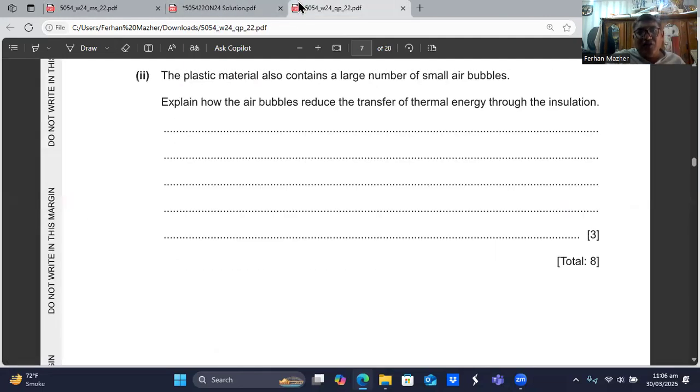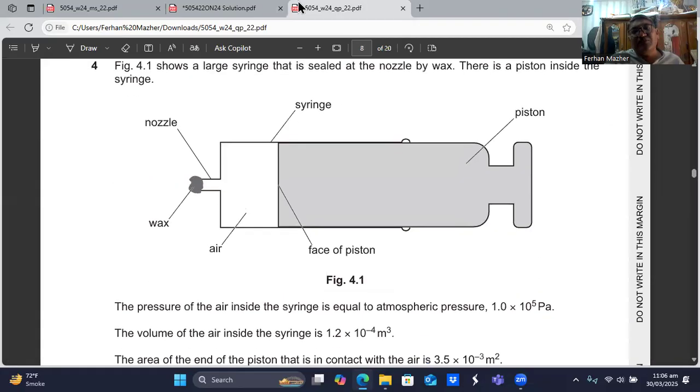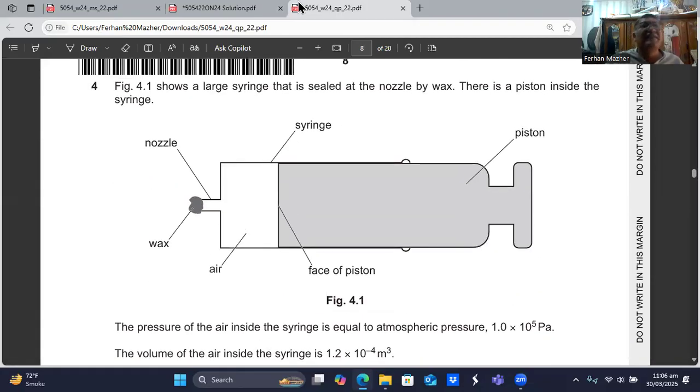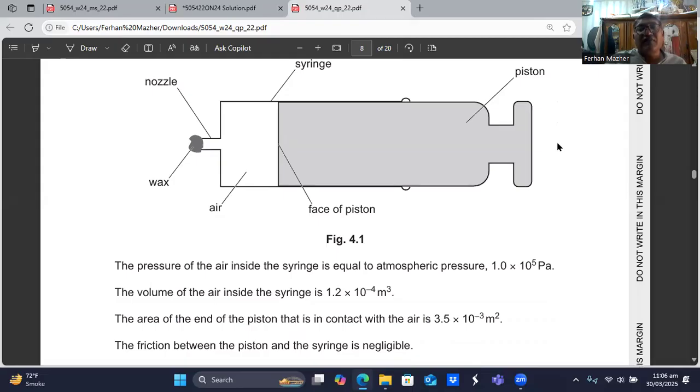Okay, so the next question is question number 4, coming up on your screen. It says figure 4.1 shows a large syringe that is sealed at the nozzle by wax. There is a piston inside the syringe. The pressure of the air inside the syringe is equal to the atmospheric pressure, 1 × 10^5 Pascal.